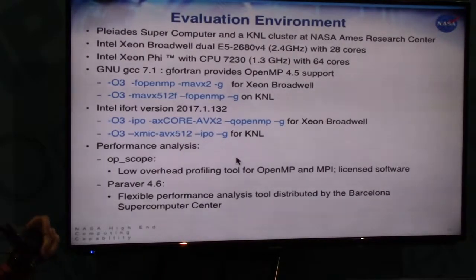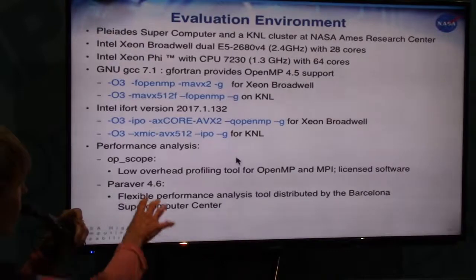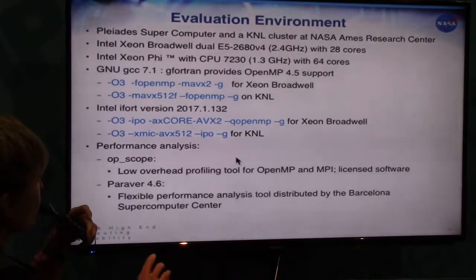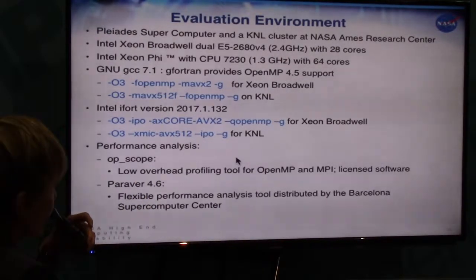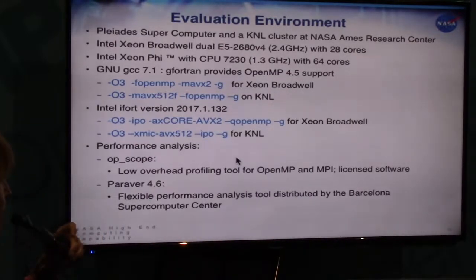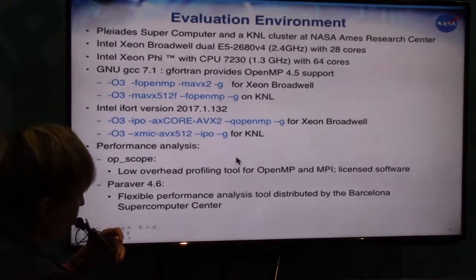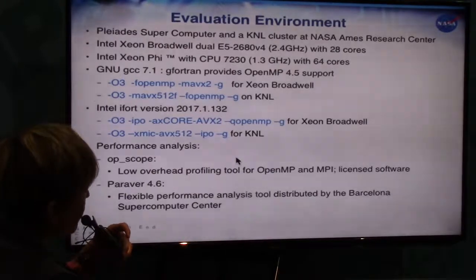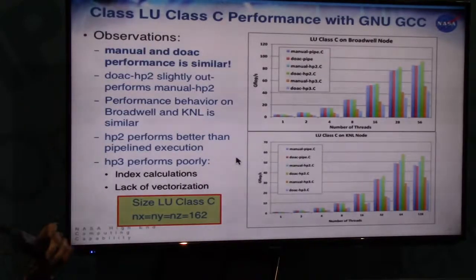We also compared different compilers, the GNU and the Intel compiler, and we used an internal profiling tool licensed for NASA, and also the parallel performance analysis tool developed at the Barcelona Supercomputer Center, which is open source.